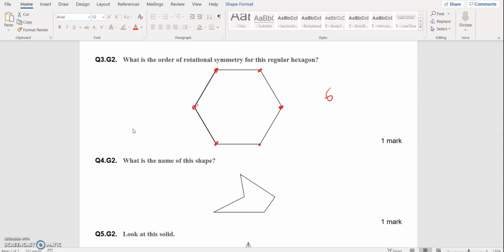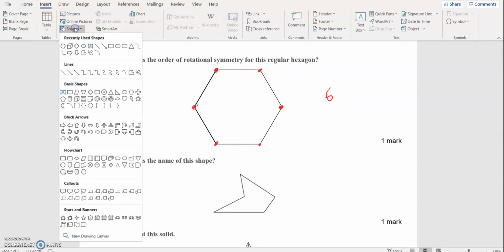Generally, the order of rotational symmetry for regular shapes is equal to the number of sides or vertices, corners. However, there are exceptions, just like with circles, which I'm going to show now.